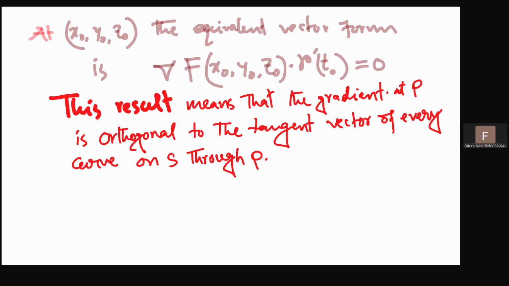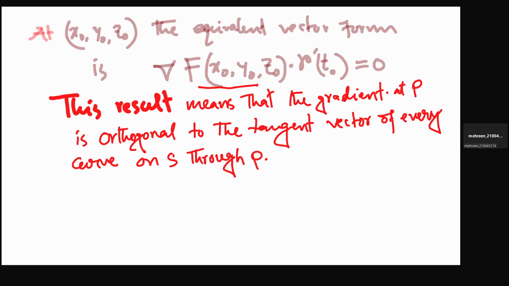Yes, if the dot product between two vectors is 0, then we say that they are orthogonal. So that's why we see that this is a dot product and the result of this dot product is 0. So the gradient is orthogonal to the tangent vector of every curve on S at point P.